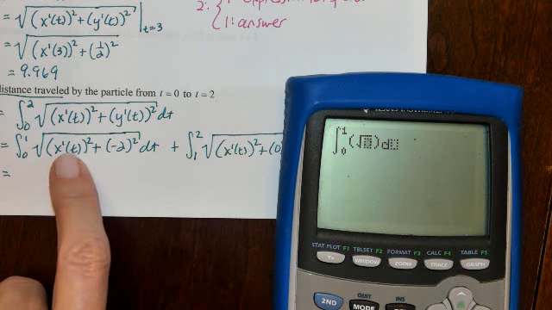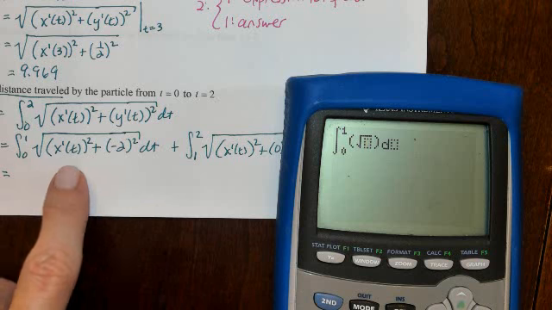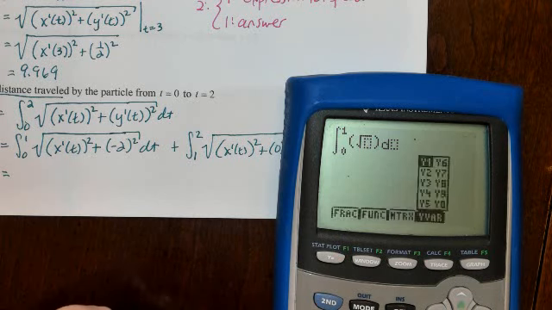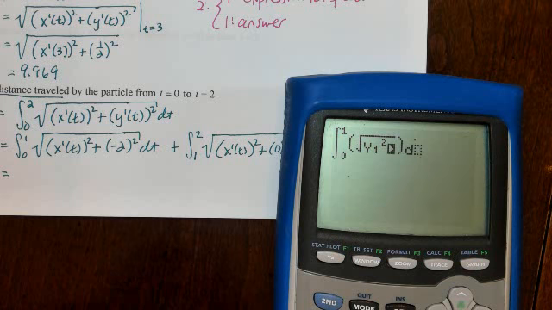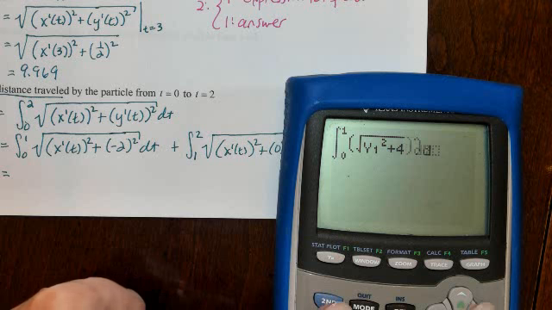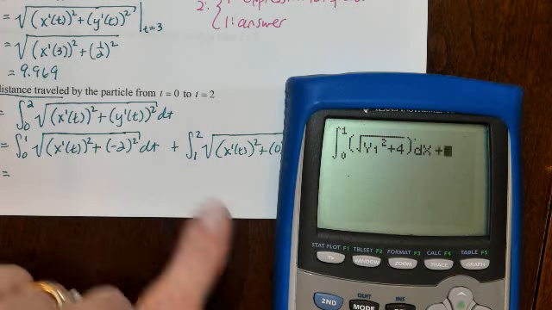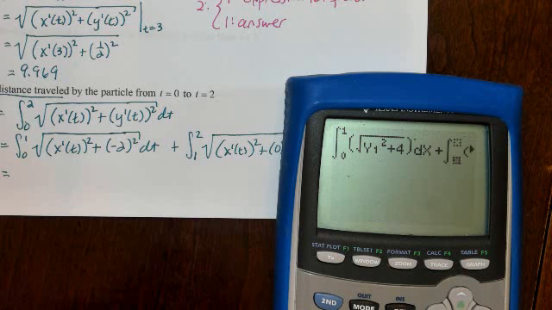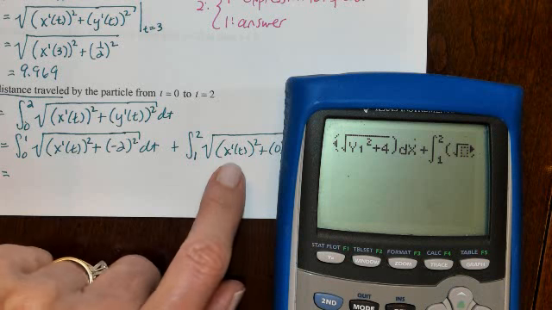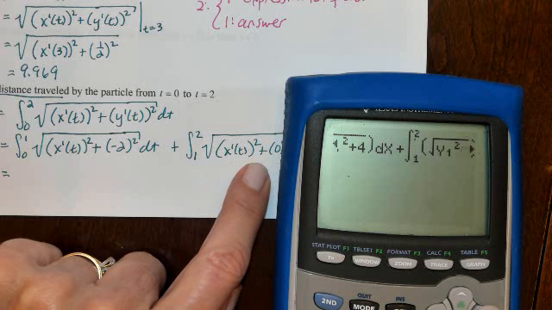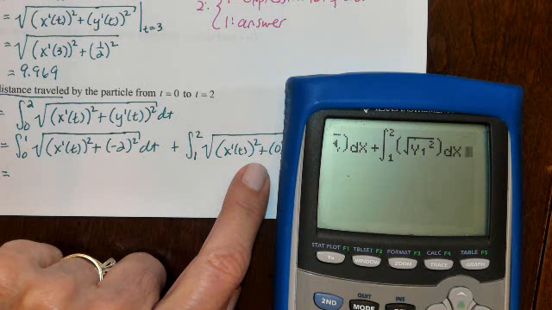Okay, y prime squared, I'm sorry, x prime squared, that's our y1, so y1 squared plus negative 2 squared is 4 dx, so that's the first integral, plus, here comes our second integral, Math 9, 1 to 2, square root, y1 squared again, plus 0 dx.